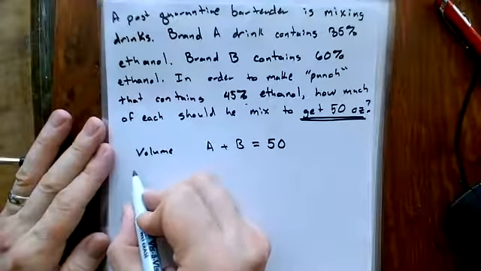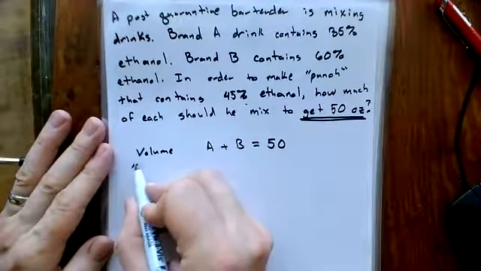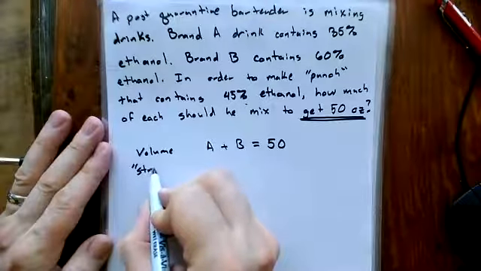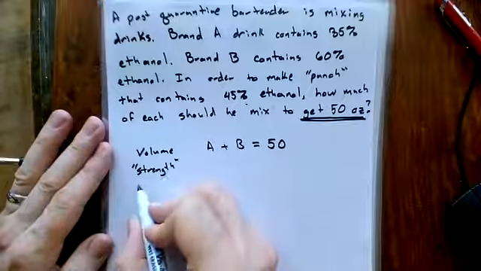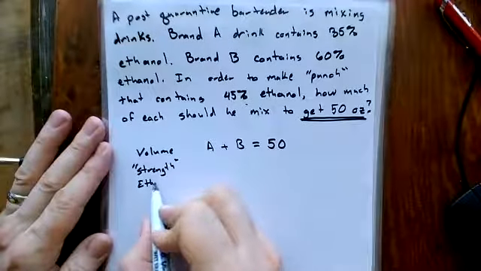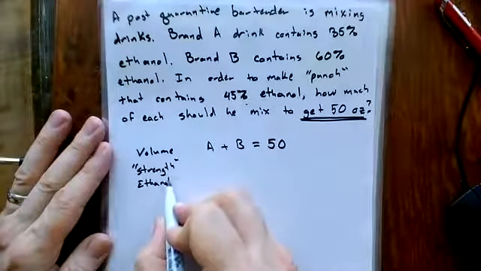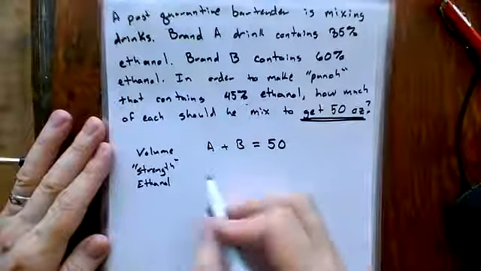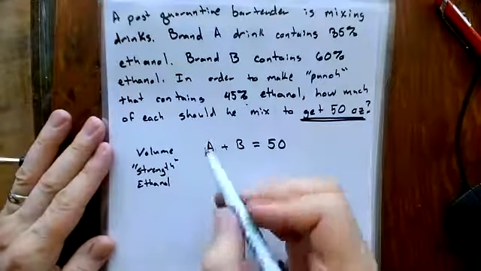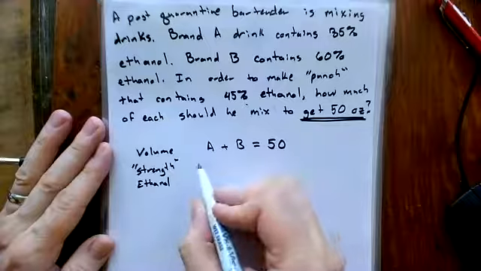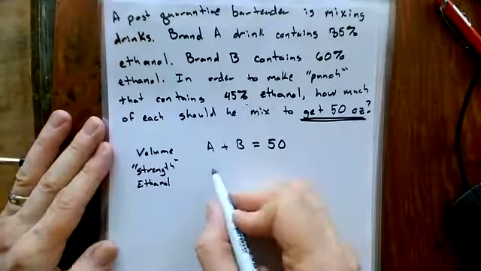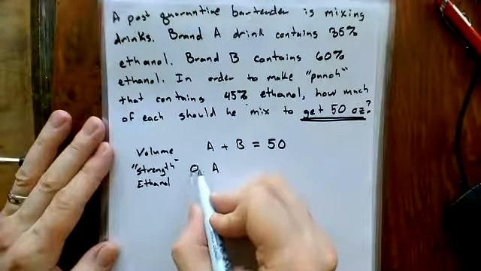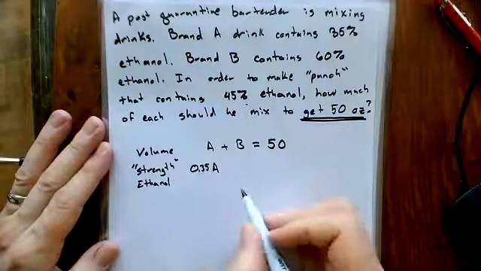Then we want the strength of our drink. This is the strength of the ethanol. So here, I know that brand A is 35%. So if I want to figure out how much ethanol is in that, I take that volume A and multiply it by that 35%, 0.35.